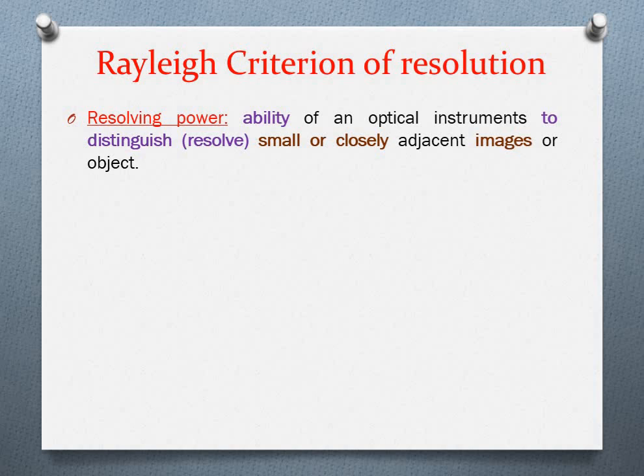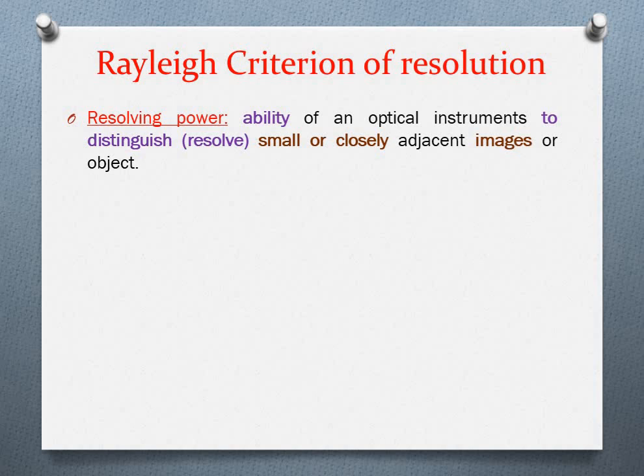A very common example to understand this resolving power is our eye. We easily distinguish bigger objects in front of us, and we can clearly distinguish between two objects. But if you look very far in the sky, the angular separation between two stars is sometimes very small.